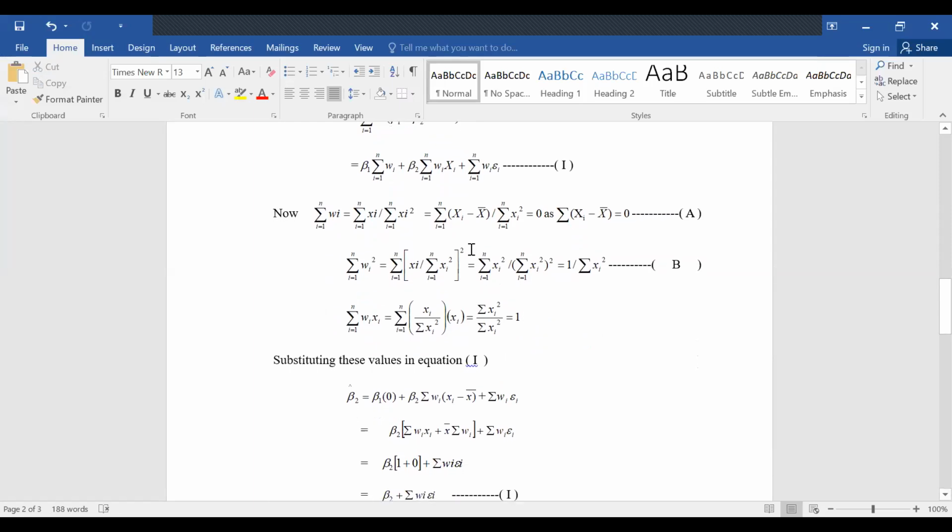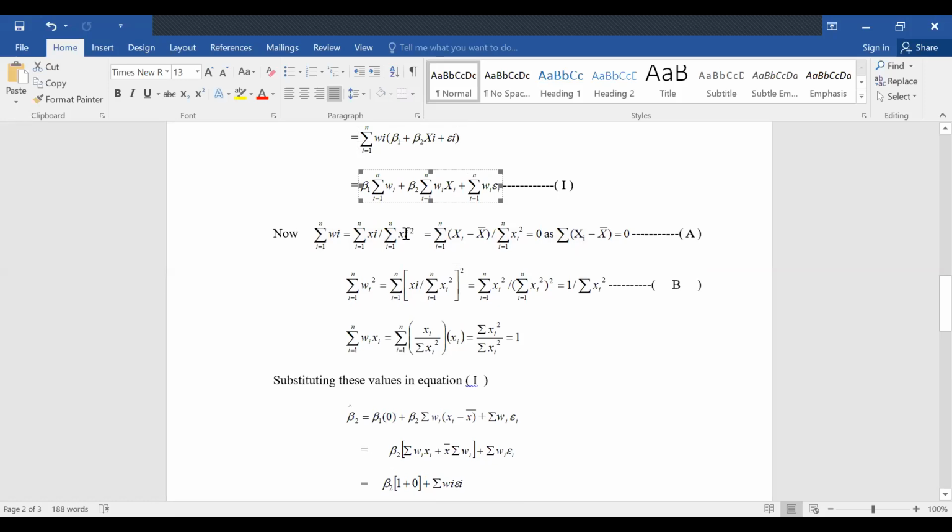Now we also have to find the value of summation wi square. We have wi square, just squaring the value of w, which can be seen in equation A, that w equals xi divided by summation xi square. So put xi divided by summation xi square for the value of w, and here is the square.